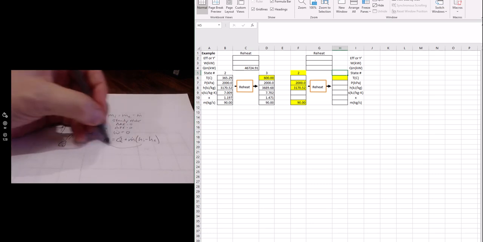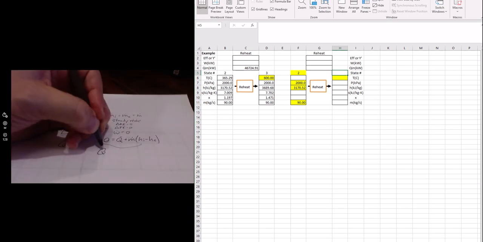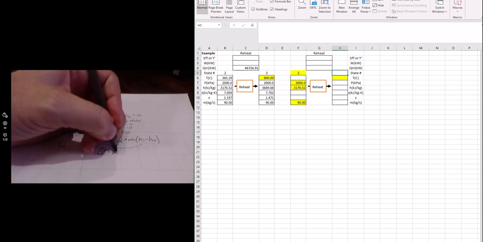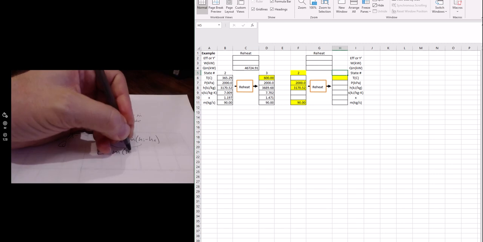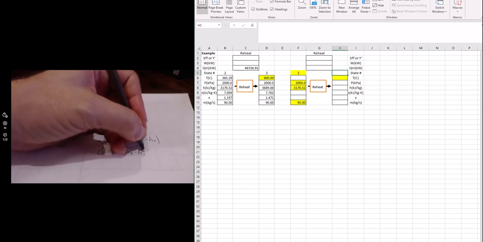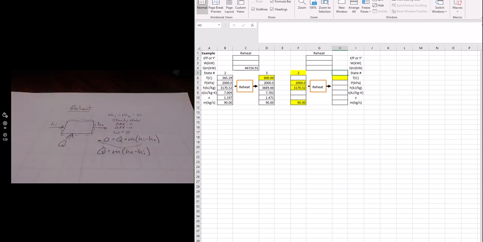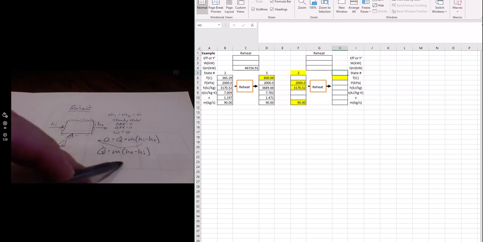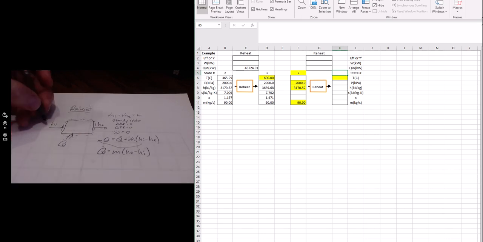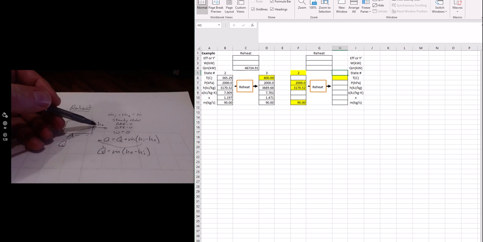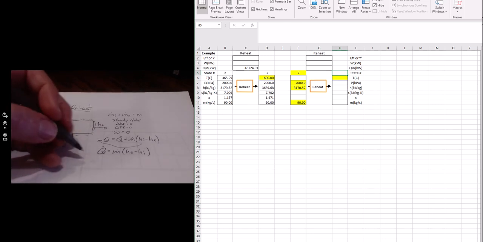So if I bring this term to the other side of the equation, I have Q dot equals m dot h exit minus h inlet. So it's really quite simple. My inlet enthalpy, probably I'm given temperature and pressure. So from those I can find the inlet. And then typically at the exit, what I'm given is temperature.